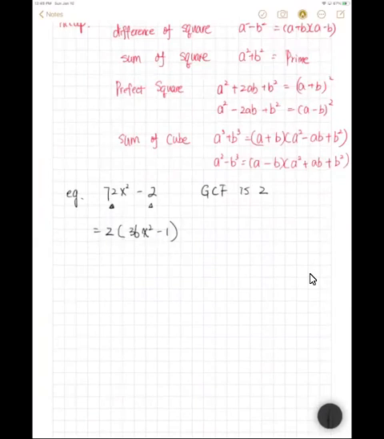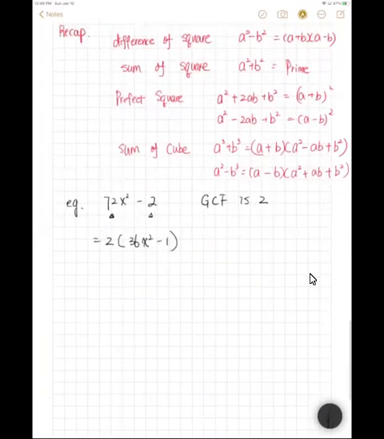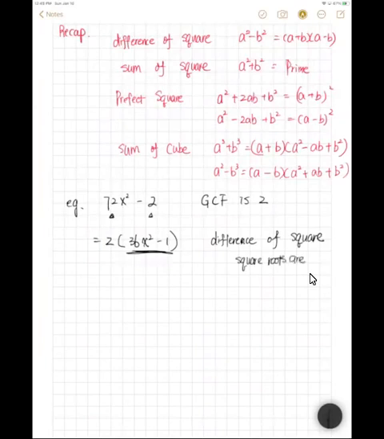So when it comes to here, we will find out that this part is the difference of two squares, whereas the square roots are 6x and 1.